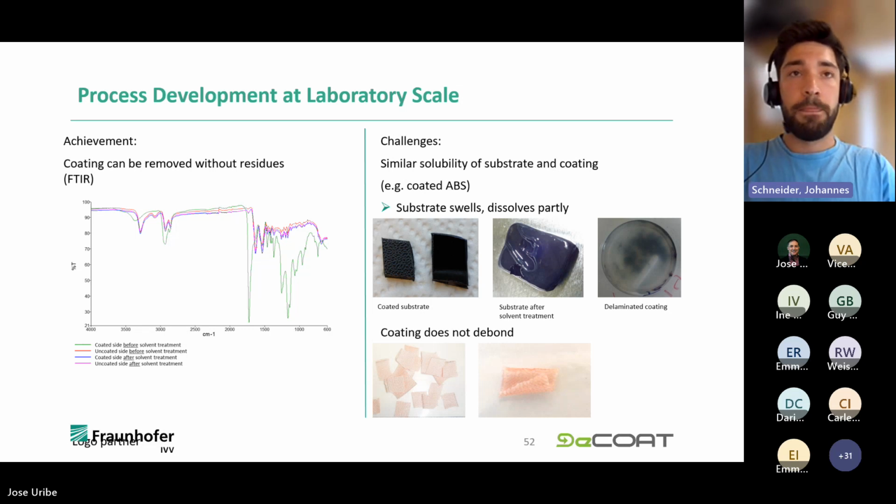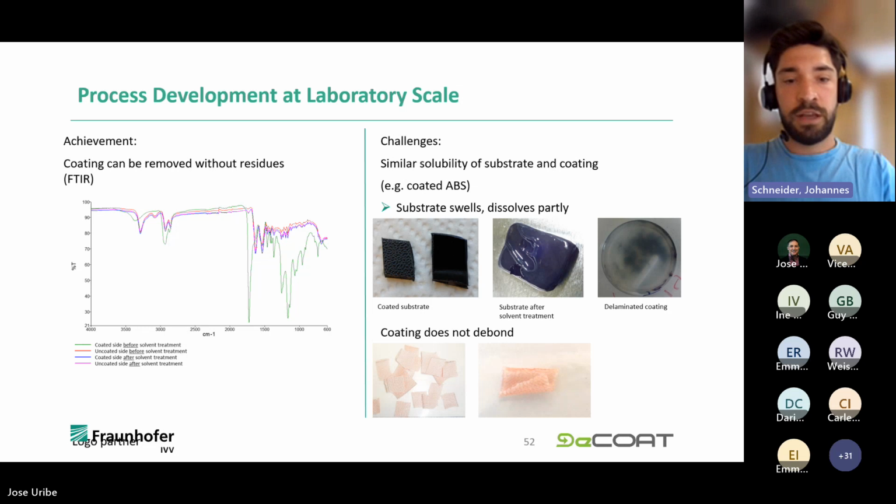So no strict separation of both materials was possible in that case. Or other coatings just did not debond due to our solvent treatment. Here it was, for example, one silicone coating that we tested on a polyester textile. But as I said, for most of the combinations, it was successful.